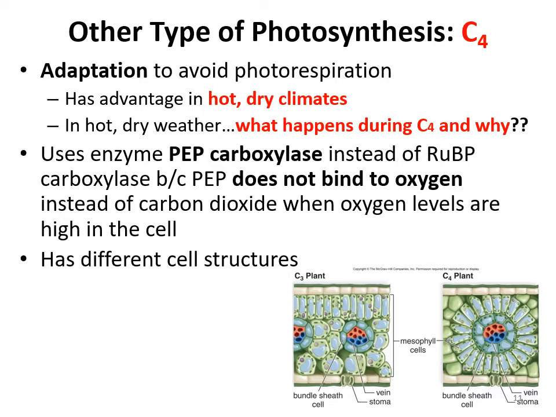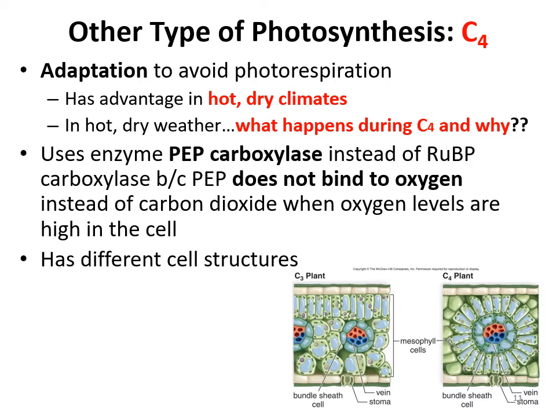Now, in that hot, dry weather, think about it. Normally, the stomata of leaves close in order to conserve water, okay? So what that means is those little openings that you would see on the plant leaves that's trying to be part of gathering and releasing any products from photosynthesis. These guys, they close.